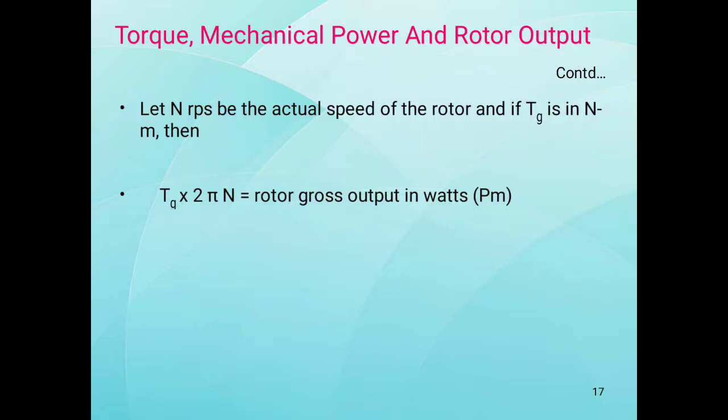That is, Tg into 2 pi n is equal to the rotor gross output in watts, so Tg is the rotor gross output Pm by 2 pi n.